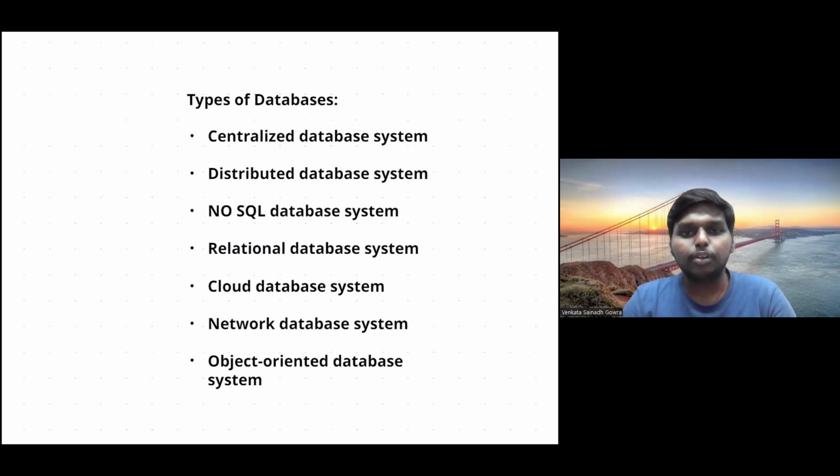These are various types of databases we use, and as I said before, we mostly use the relational database system, which is used to store the data in the form of tables that include rows and columns. A combination of rows and columns is called a table, and the relational database is managed by a relational database management system. Now let's see about the relational database management system.